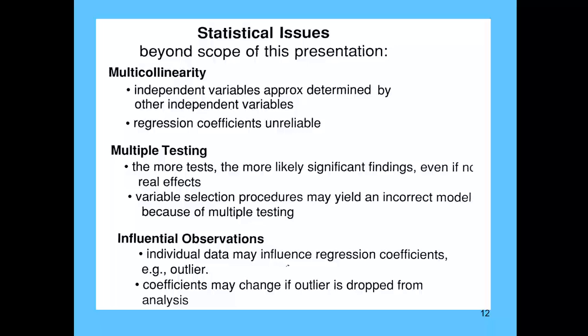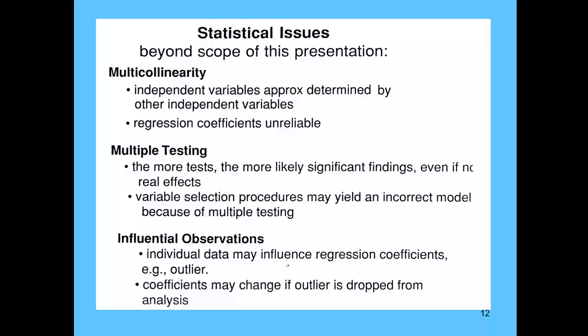And then there's a third one called influential observations. Did you hear about that somewhere? What's an influential observation? It's a person. It's a person's set of data. It's not a regression coefficient.